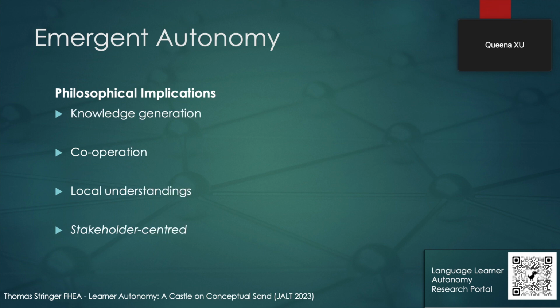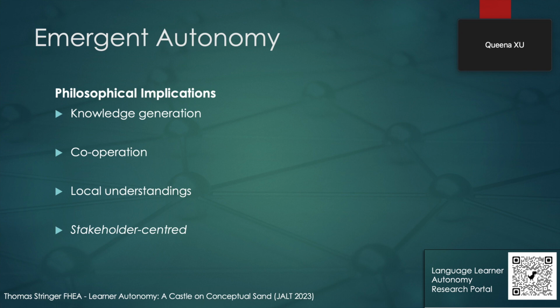Further philosophical implications of this are related to how we see knowledge generation within research. So, for example, generalizability may have to go out of the window, considering how localized each complex system would be. This cooperation between different bodies really suggests the need for academics, or indeed other people from different disciplines, to work together to bring different perspectives on the topic.